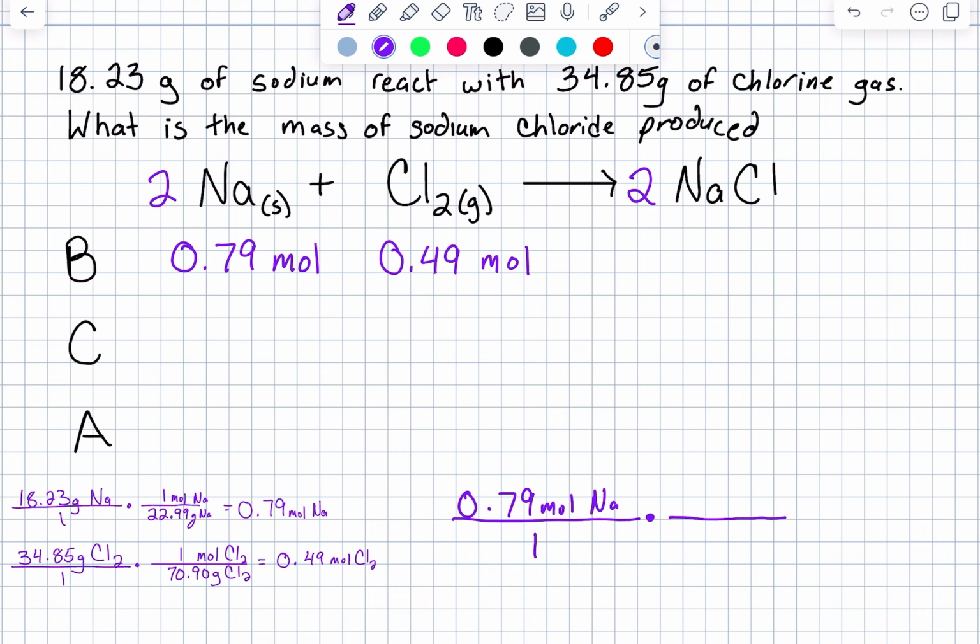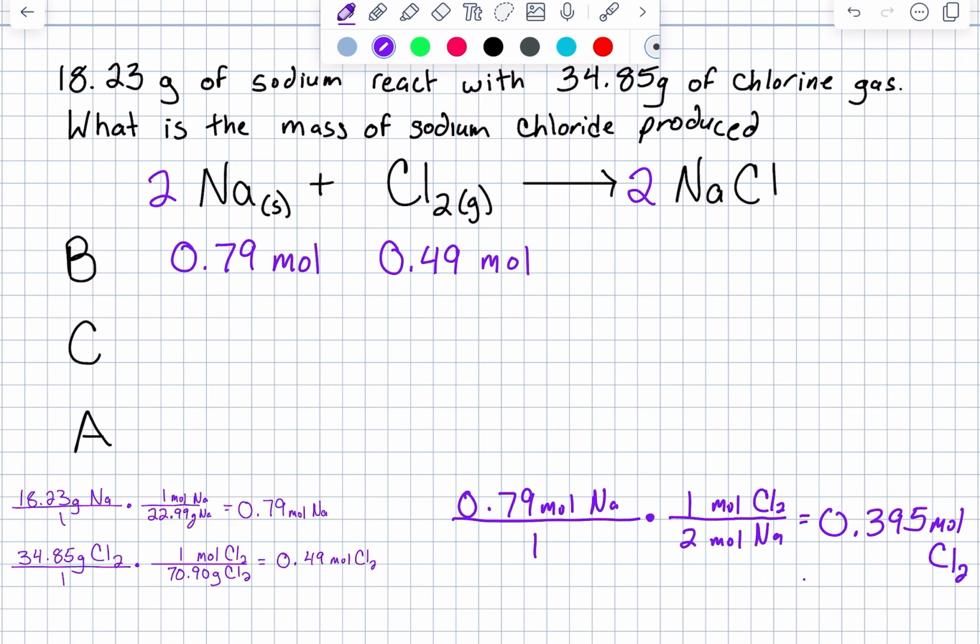And so I'm going to look and say, okay, well, if I have 2 moles of sodium and I have 1 mole of chlorine, that means that for me to use all of my sodium would require 0.395 moles of chlorine.